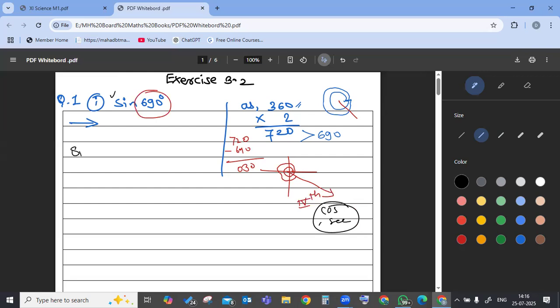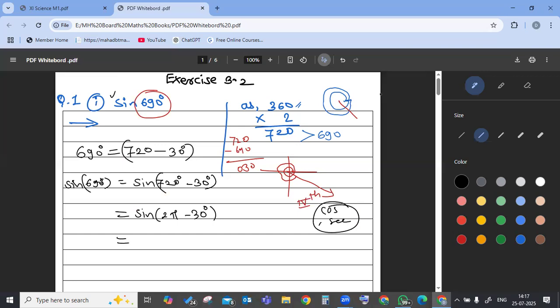So write this angle 690 degree as 720 minus 30 degree. Therefore sine 690 degree is equal to sine of 720 degree minus 30 degree. So this gives us sine of 2 pi minus 30 degree.